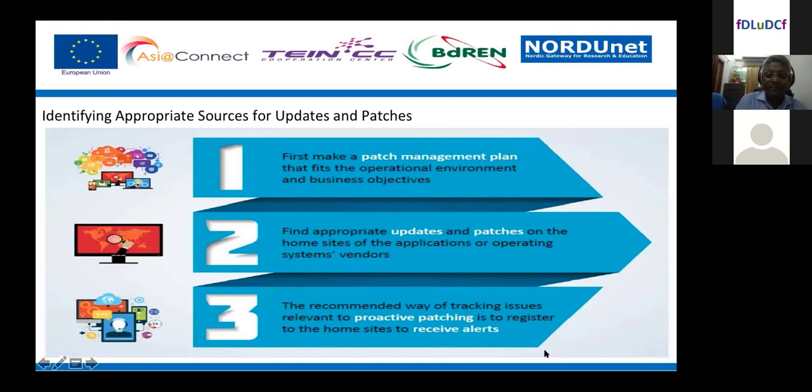A recommended way of tracking issues relevant to proactive patching is to register to the home site to receive alerts. So you have to register with the patch management and subscribe to it so that you can get the alerts to be proactive.